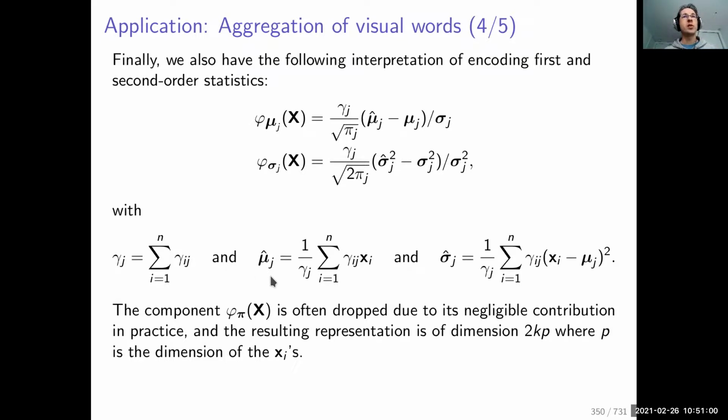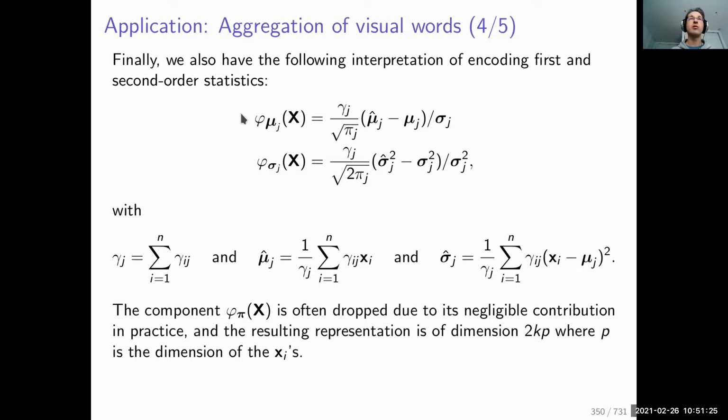So the resulting representation can be pretty large, by the way, because if the vectors xi are of dimension p, now p is indeed used in the right way here. This is the dimension of the input vector xi. Remember that the Fisher vector contains such quantities for every component of the mixture model.